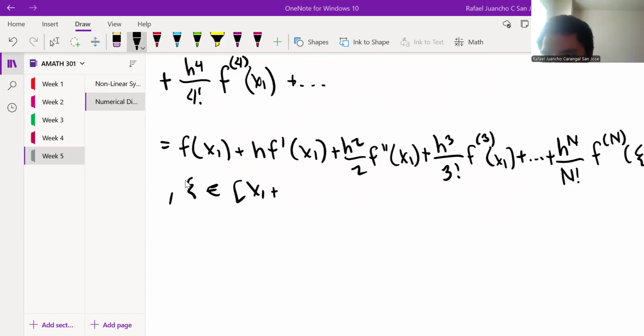X sub 1 plus h? It looks like an R. Not sure what that is. I cannot see that. I think this means for x sub 1, x sub 1 plus h, or something along those lines.